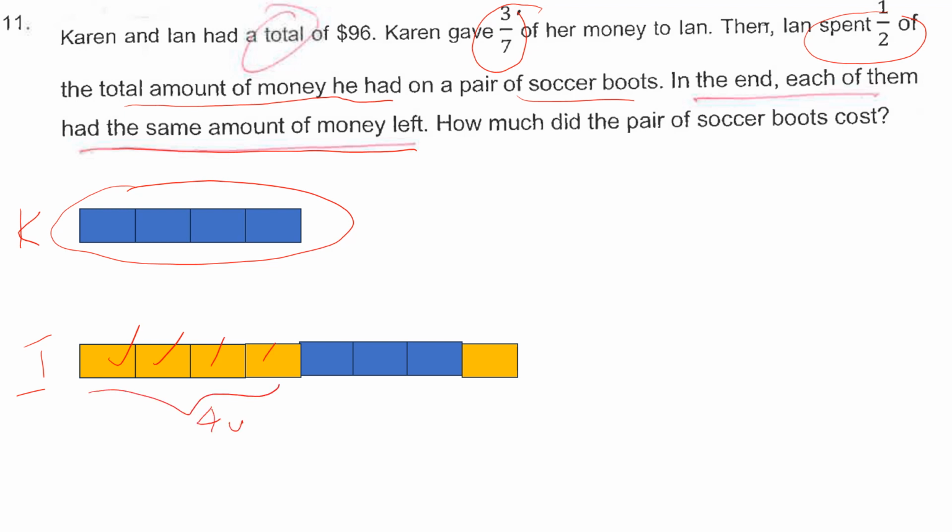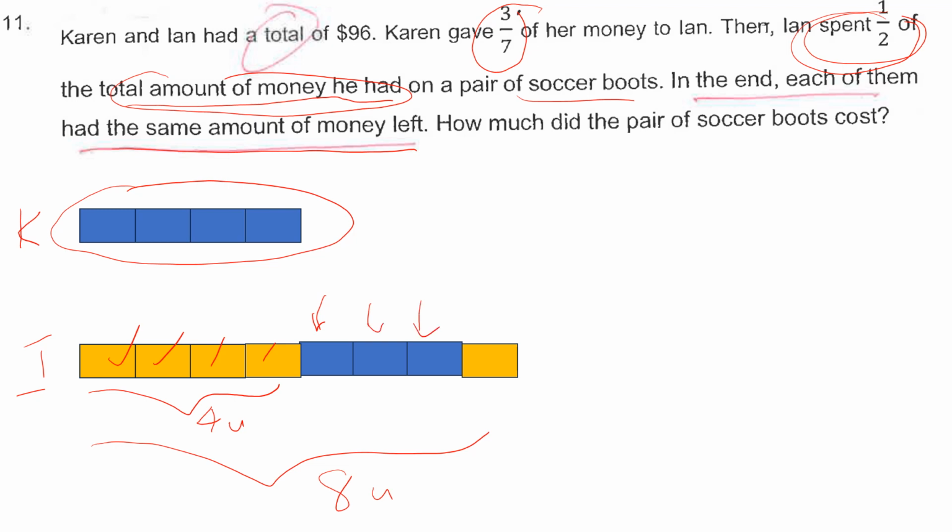4 units. And since he mentioned that he spent half of the total amount of money, that means he should have 8 units. These 8 units comprise the 3 units that were given from Karen. 1, 2, and 3.